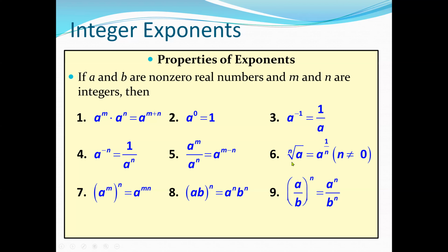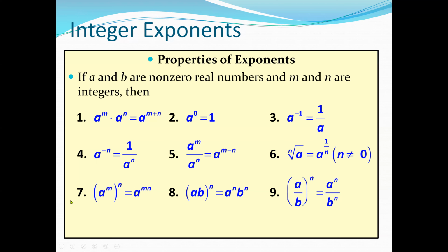We know that a root is a reciprocal power, so the nth root of a is the same as writing a to the power 1 over n. If it's a square root, it will be a to the power 1/2. If it's a cube root, it will be a to the power 1/3. So the nth root of a is again a to the power 1 over n.